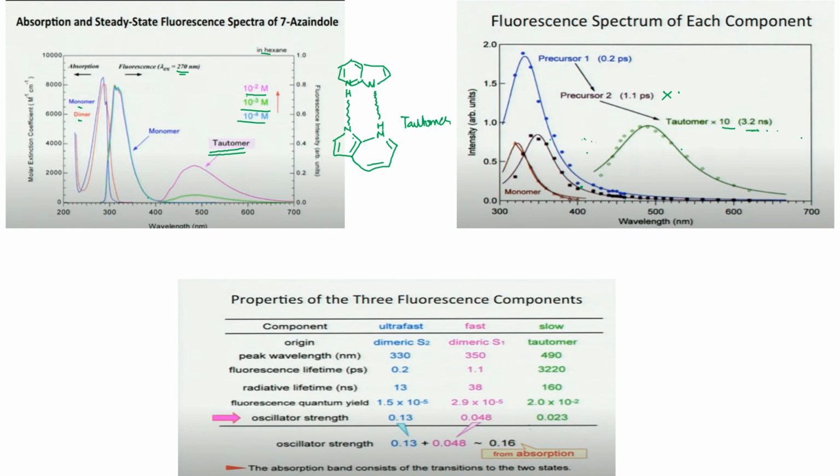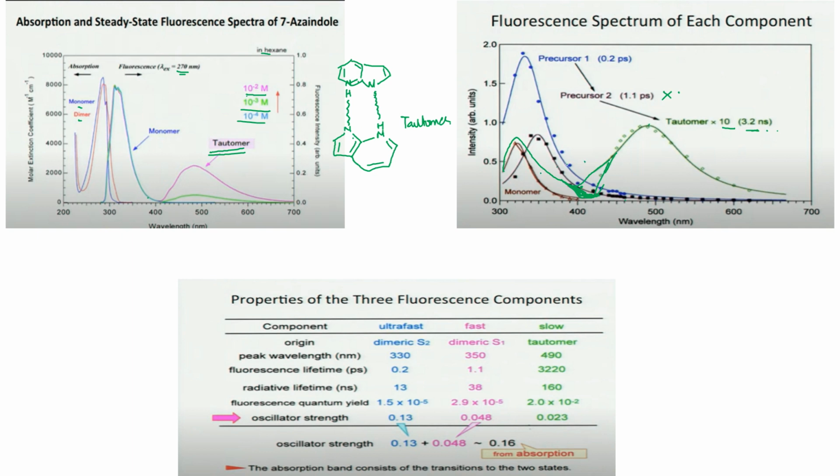Normally what you observe is simply this peak with this peak, right? And at this moment when you get a peak of this, the intensity turns to be zero at some time, then it rises to a maximum for the tautomer.